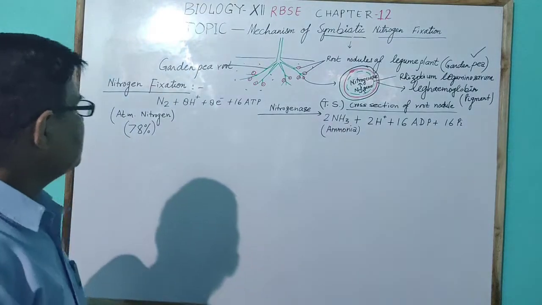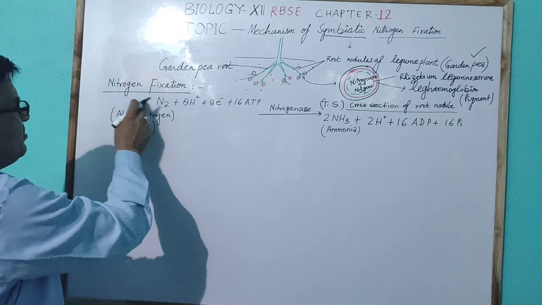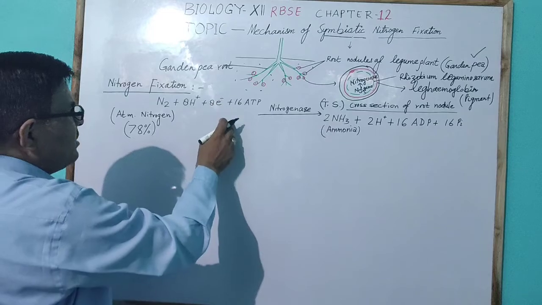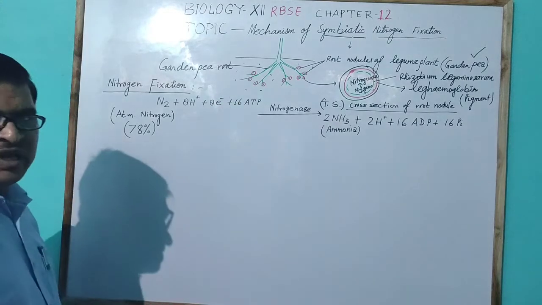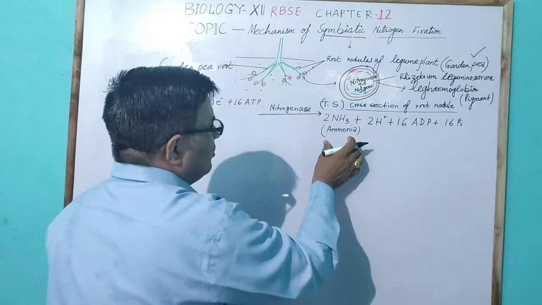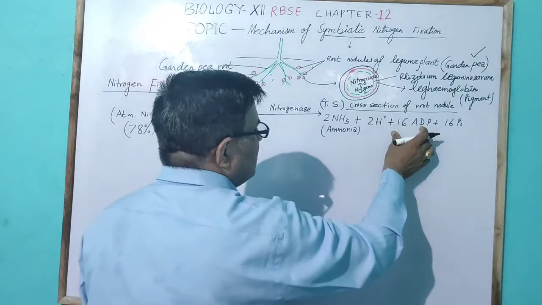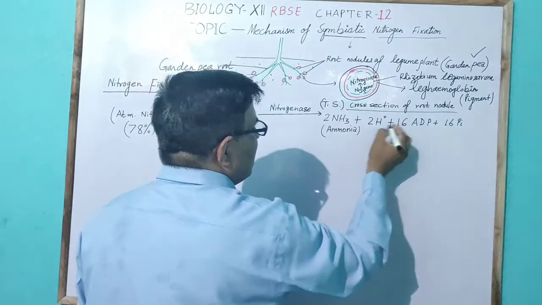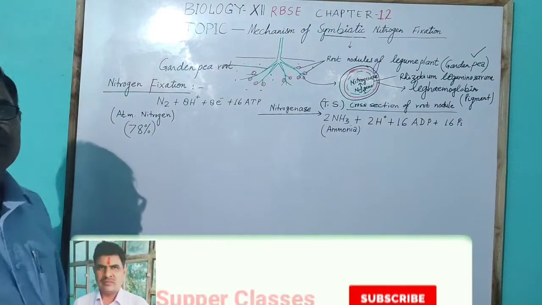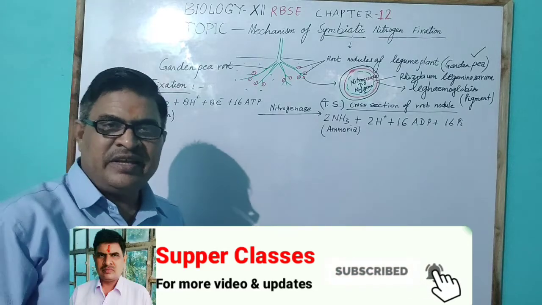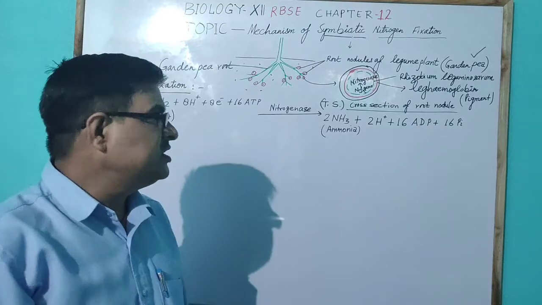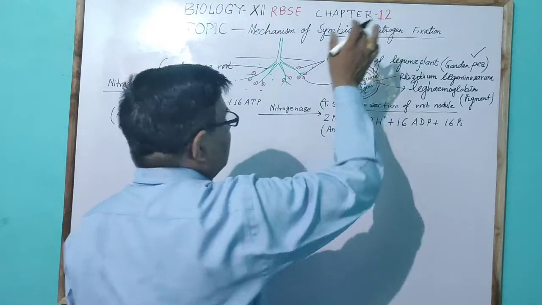The complete reaction is N2 plus 8H+ plus 8e- plus 16 ATP, and in the presence of the nitrogenase enzyme ammonia is synthesized, and 16 ADP and 16 inorganic phosphate are formed. Atmospheric nitrogen is 78%, but legume plants take part in biological or symbiotic nitrogen fixation.